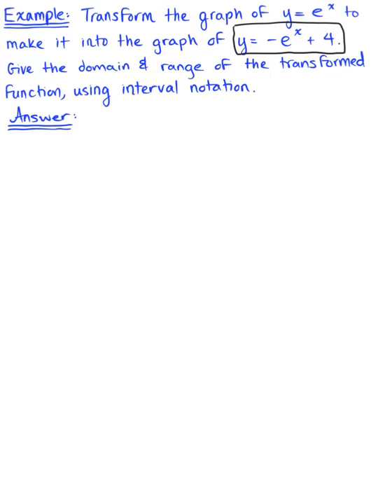So, to begin, we are given the parent function here. That's the natural exponential raised to the x power. So our parent function is f of x is equal to the natural exponential raised to the x. Now, real quick, let's just think about what the exponential curve looks like.